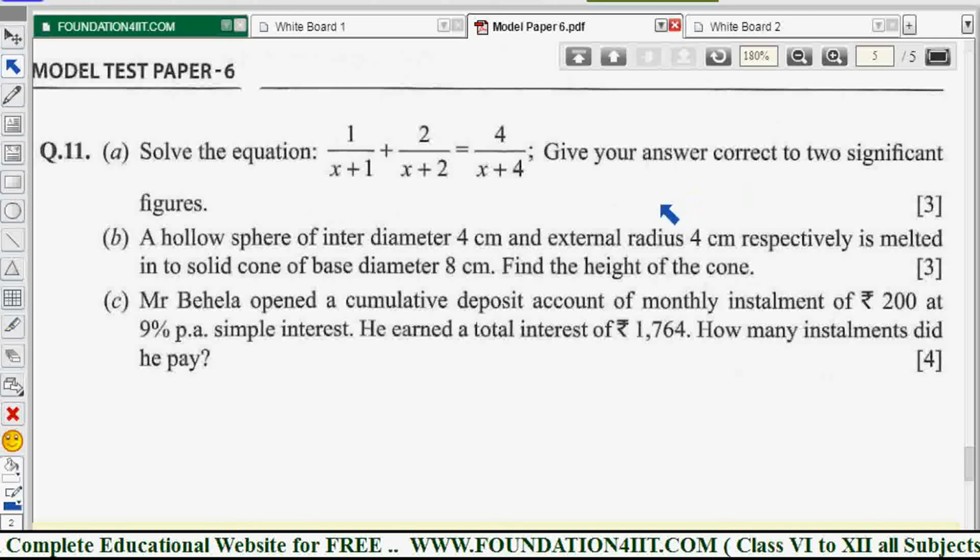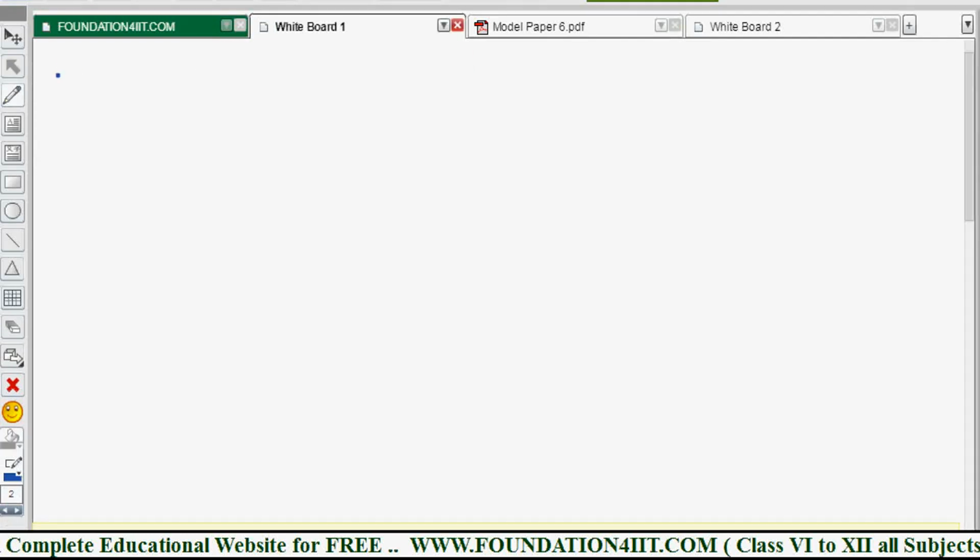So we'll get a quadratic equation and use the quadratic equation formula. Let me take the equation first. Your given equation is 1 by x plus 1 plus 2 by x plus 2 equals 4 by x plus 4.